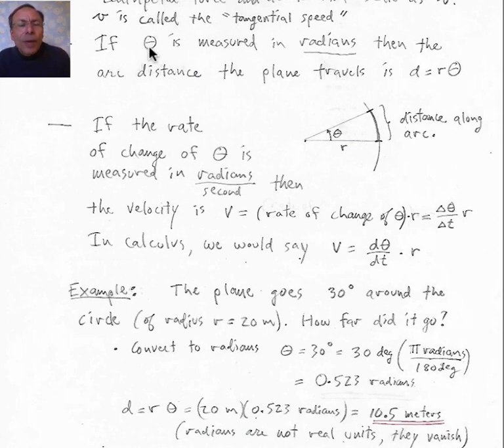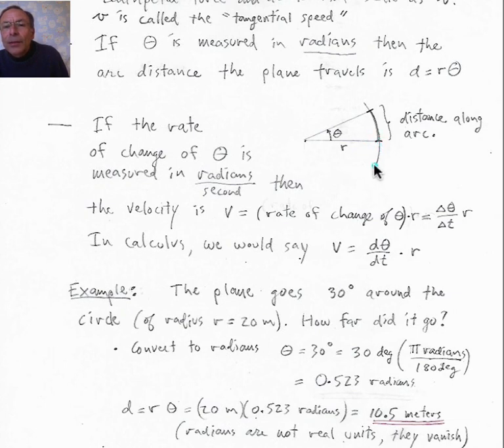The angle. We're used to measuring angles in degrees, but there is an alternative method of measurement called radians. If you measure the angle in radians, then the distance that the plane travels is given by a very simple formula. So radians have this advantage. They make these simple formulas happen.